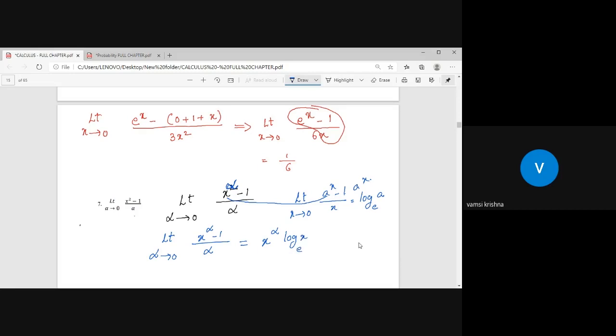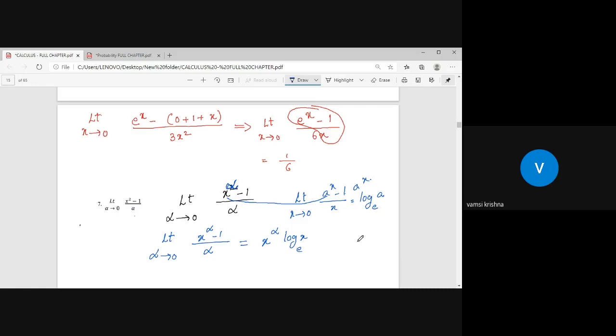So this is the previous GATE question given. It's simply a formula, but they gave the question in different vocabulary. The student is habituated with x as the limit variable and a as the constant. But here they changed it as alpha and they just shown x as a constant. But anyway, if you compare in the proper way, you can easily get the answer.